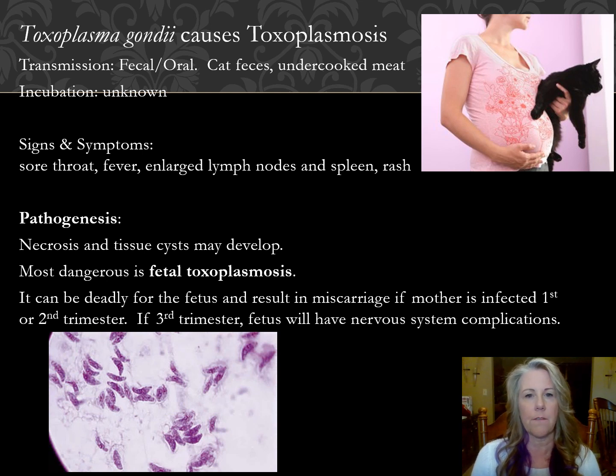Lots of times if the mother is infected within the first or second trimester of pregnancy, it can lead to that miscarriage, cell death, tissue death, and miscarriage as a result. If the mother is infected within the third trimester, usually there's a better outcome for the fetus, but the fetus sometimes will have nervous system complications, but there is a better outcome if she is infected within that third trimester.